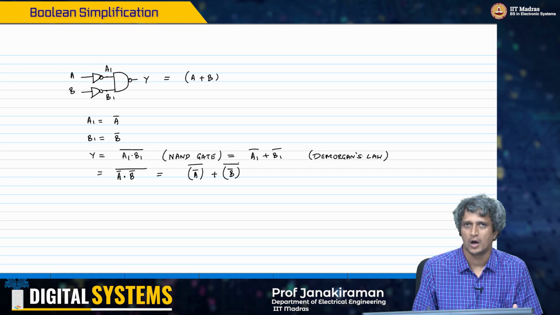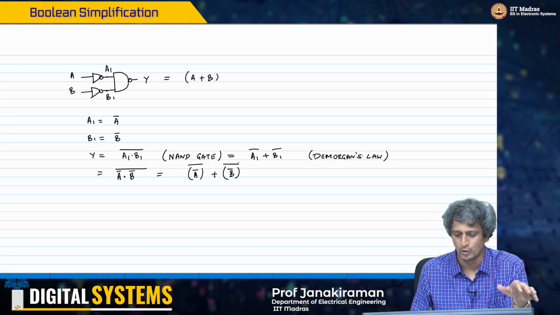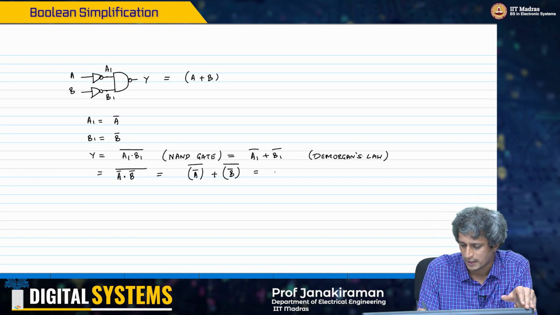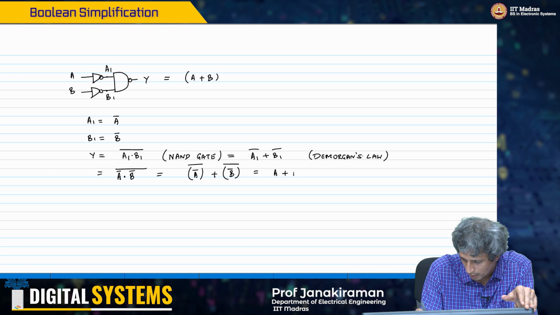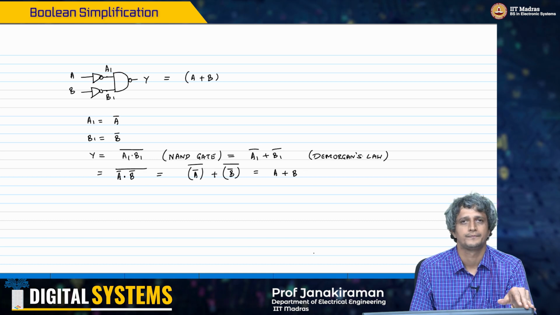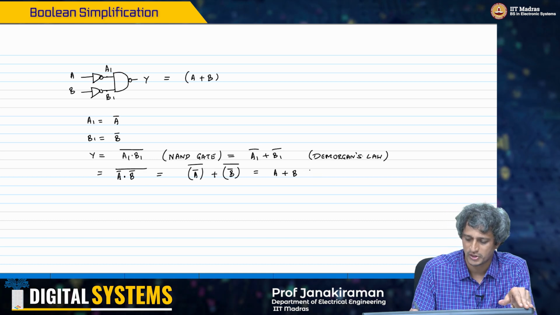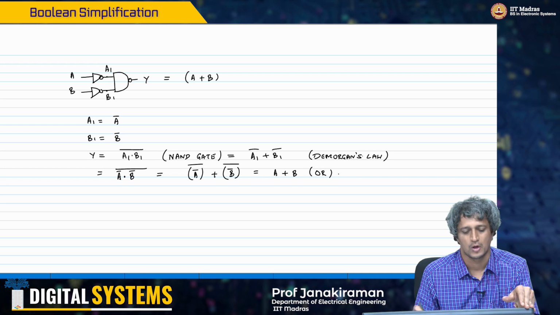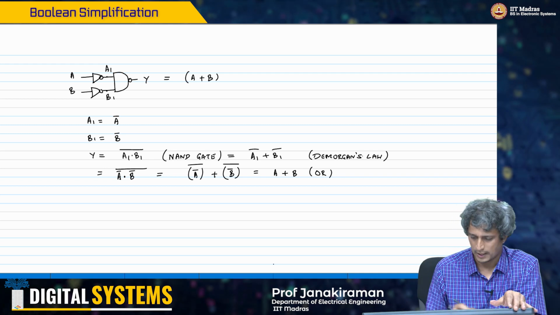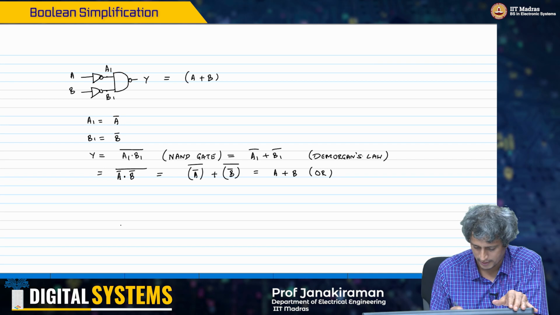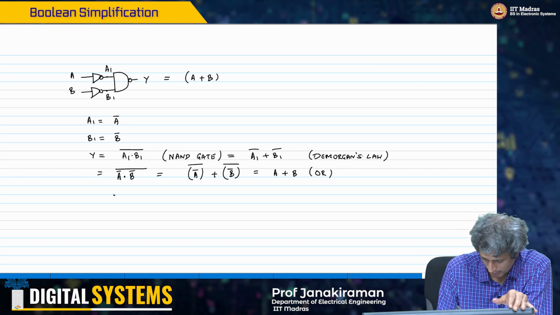And we already saw that a double complement of a Boolean variable is the variable itself, and therefore this is equal to A plus B, right, which is nothing but the OR gate. Okay. Likewise, we also saw another example, the dual of this.